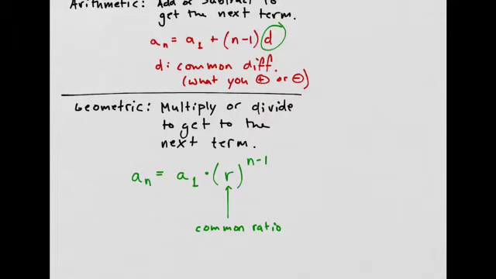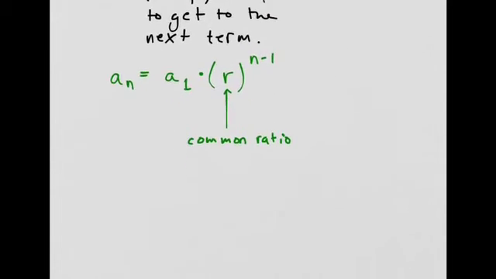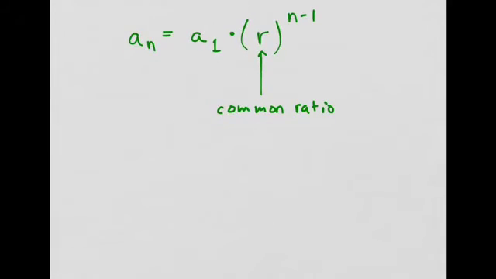For the common difference, it's what you add or subtract every time. So what can you say about the common ratio? If the common difference is what you add and subtract each time for arithmetic sequences, the common ratio is what you're multiplying or dividing each time. Yeah?